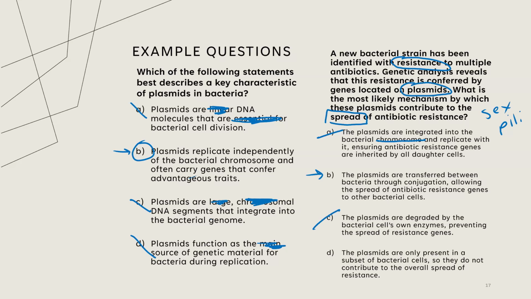And D, the plasmids are only present in a subset of bacterial cells, so they do not contribute to the overall spread of resistance. Even if they were present in a certain subset of bacterial cells, those cells could spread it to other organisms by conjugation. So that's why B is the answer. That's how they would spread.